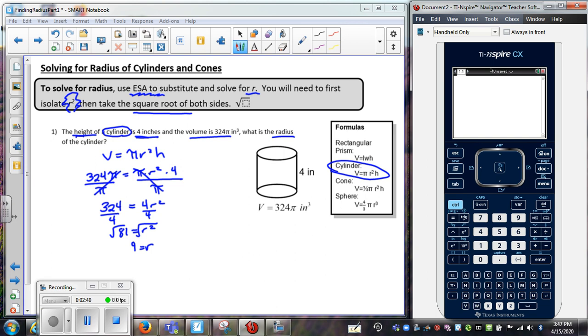It's different on different calculators. For my calculator, I know I have to hit the square root button first, and I have to use the control button to access it, and then I'm going to put the 81 in. And the square root of 81 is 9. So you'll want to play around with whatever calculator you have.